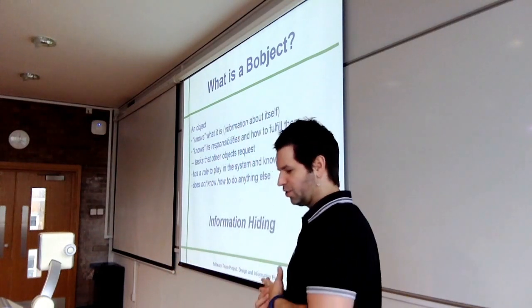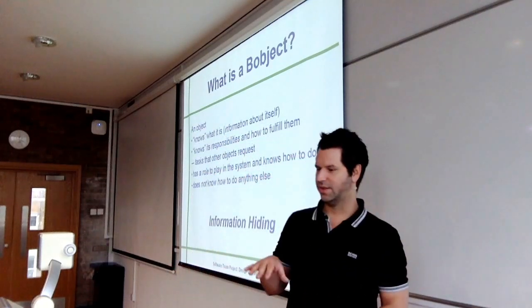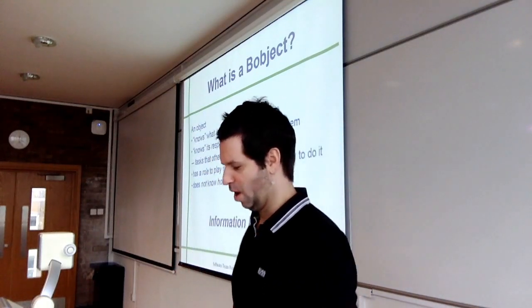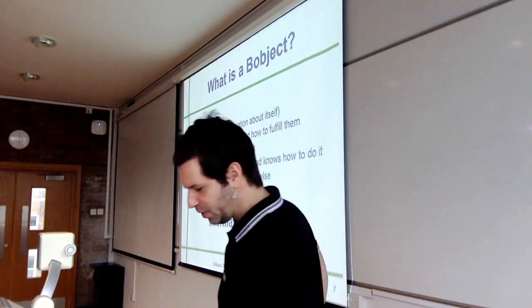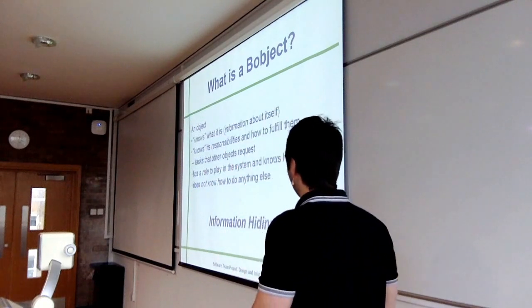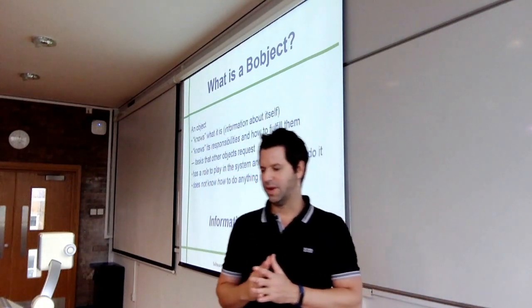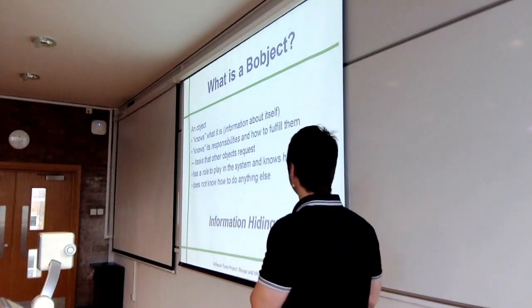And it knows it has tasks that other objects can request on that data, right? Some operations. It has a role to play in the system and knows how to do it. And it doesn't know how to do anything else. This is called information hiding, right?